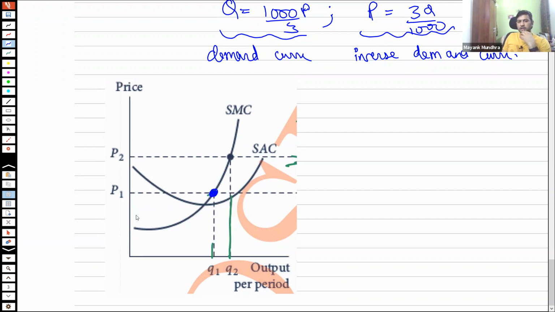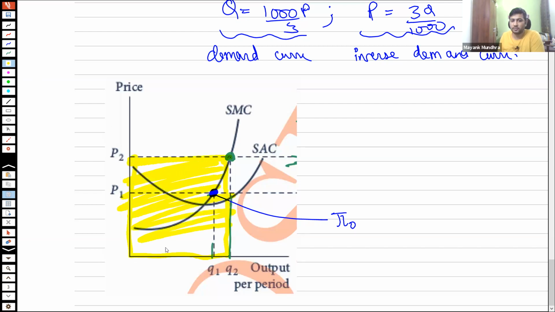Assume that at this point the total profit was pi naught. From here, it moves to this point. Now at this point, the total revenue will be price into quantity, so that is this much. This is the revenue, price into quantity, P2 Q2. So revenue at point 2 is equal to P2 into Q2.